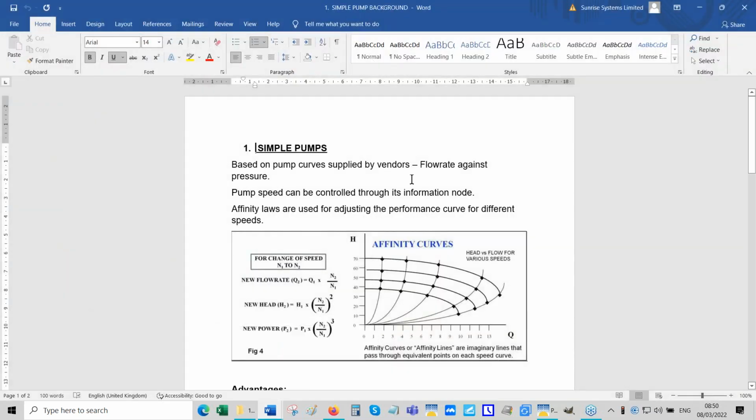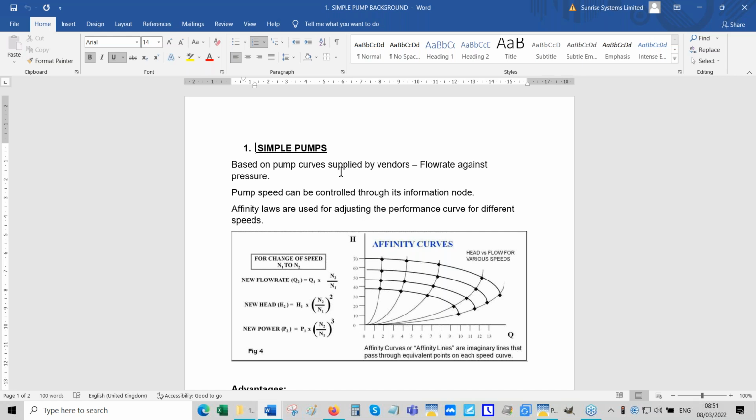Simple pump curve, what is it? It's basically the pump performance curve supplied by the pump vendors. And it is usually the pressure or head against the flow rate at the design point. Normally, the design point is the best efficiency point. What do we mean by that?